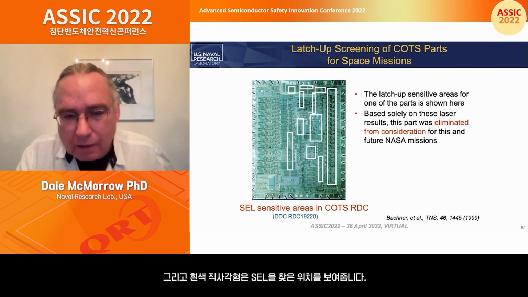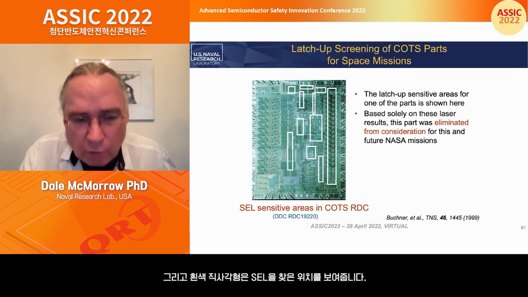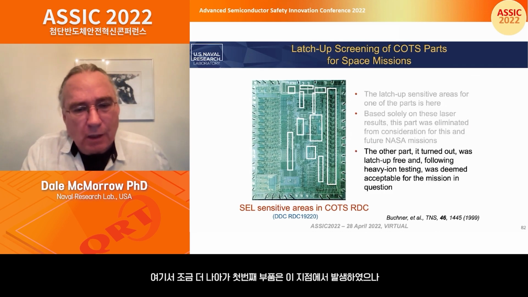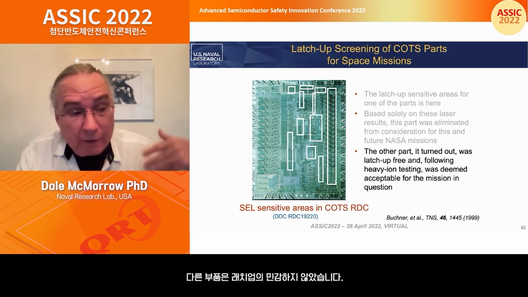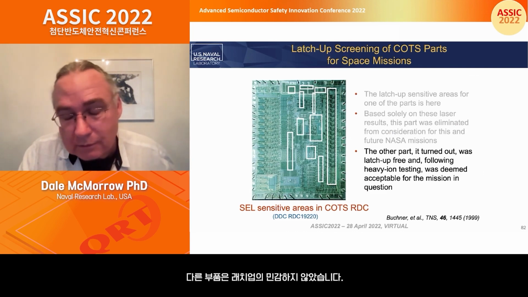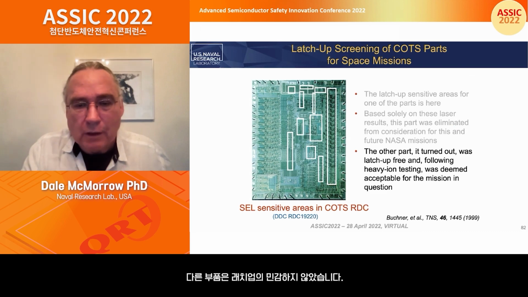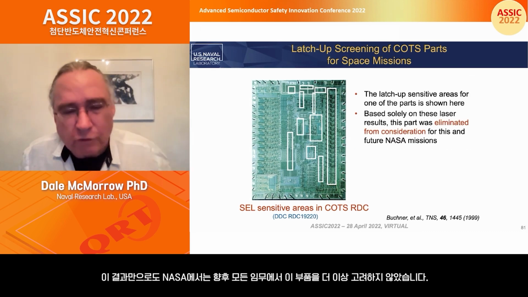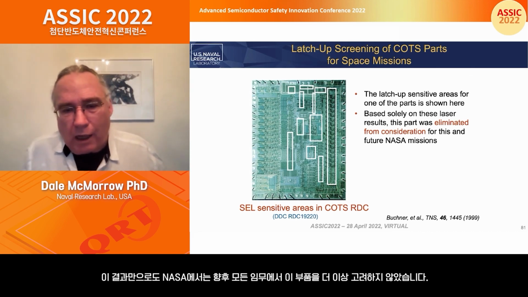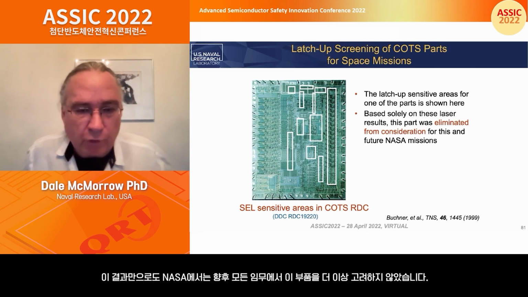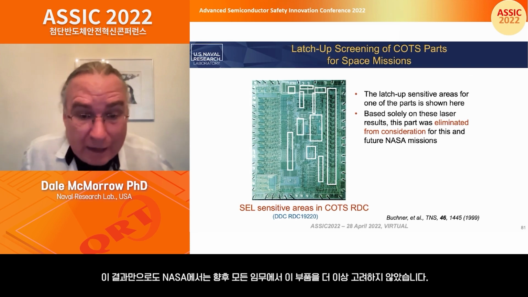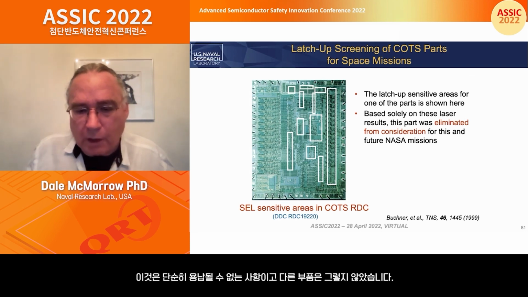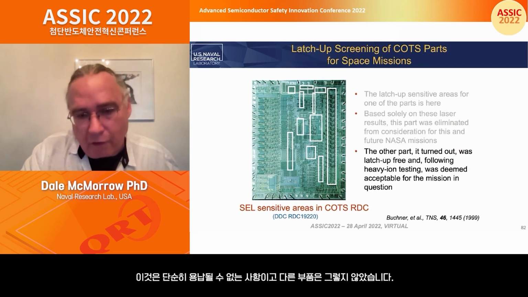And the white rectangles show you where we found single event latch up. The other part was not latch up sensitive. So basically, the point made in the second bullet there is that due to this result alone, NASA eliminated this part from further consideration for that and any future missions. It was just simply not acceptable, and the other part was.